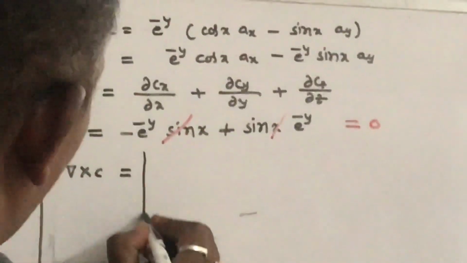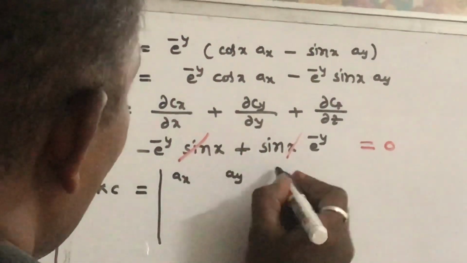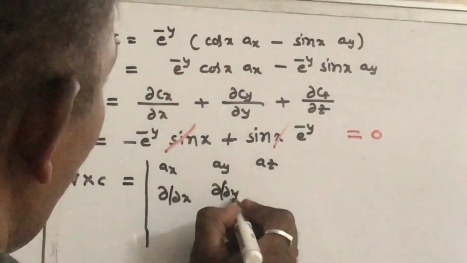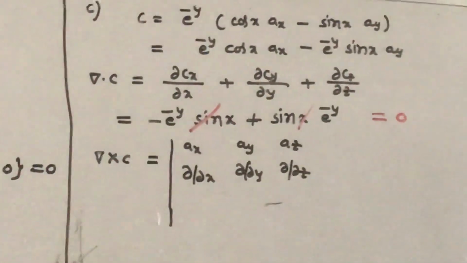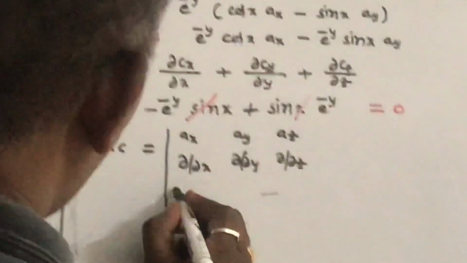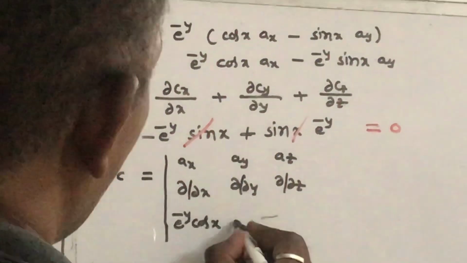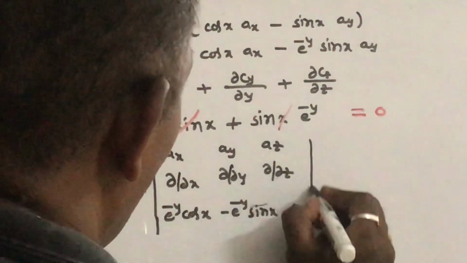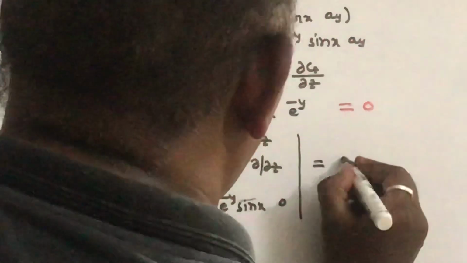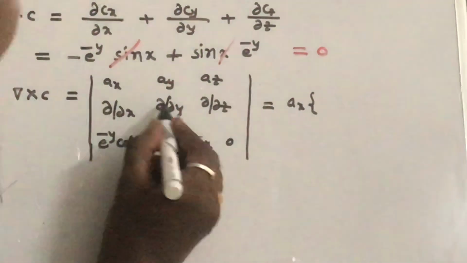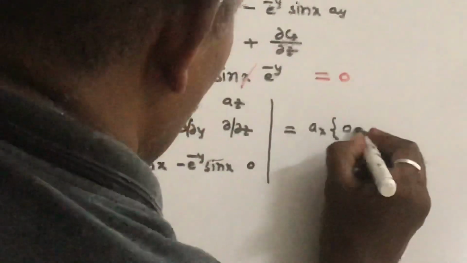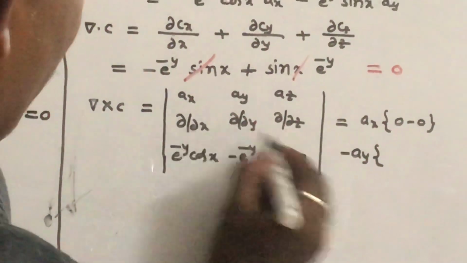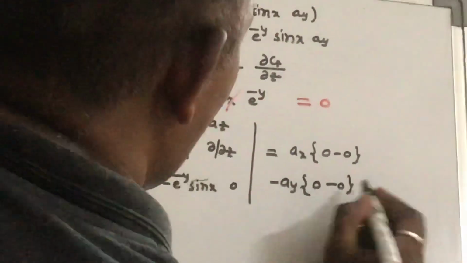Del cross C is equal to the determinant of ax, ay, az, dou by dou x, dou by dou y, dou by dou z. What is Cx? e power minus y cos x, then minus e power minus y sin x, then 0. Let us find out these terms. Ax unit vector into dou by dou y of this term is 0, dou by dou z of this term is 0. So 0 minus 0. Minus ay unit vector into minus dou by dou x of this term is 0, last term is 0.